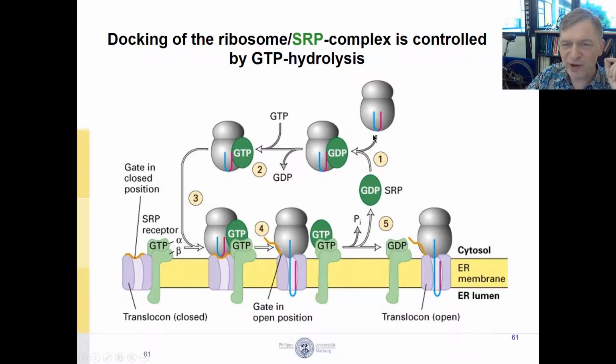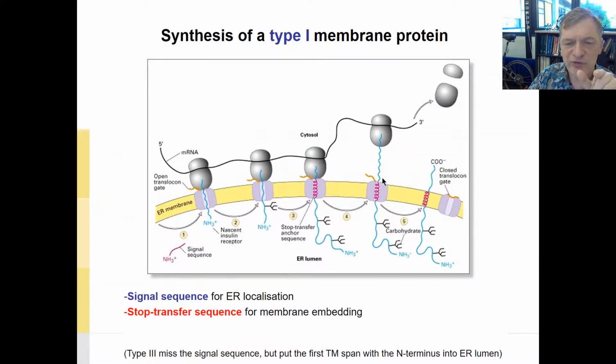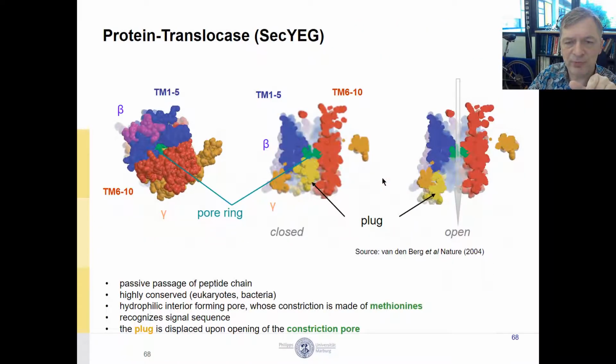It's also very hydrophobic. The signal recognition particle has also a stretch of a lot of methionines which are greasy and hydrophobic, but they're not very specific for what kind of hydrophobic structure they like to recognize. It has to be somehow hydrophobic. So that is the trick here, to have this kind of methionine plug inside the SecYEG protein. And then, of course, the plug in addition to open it up.